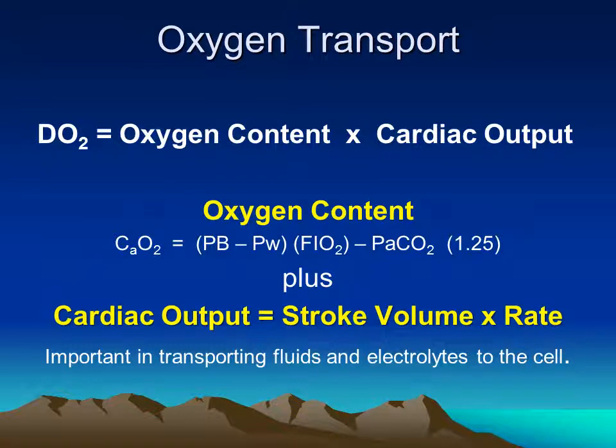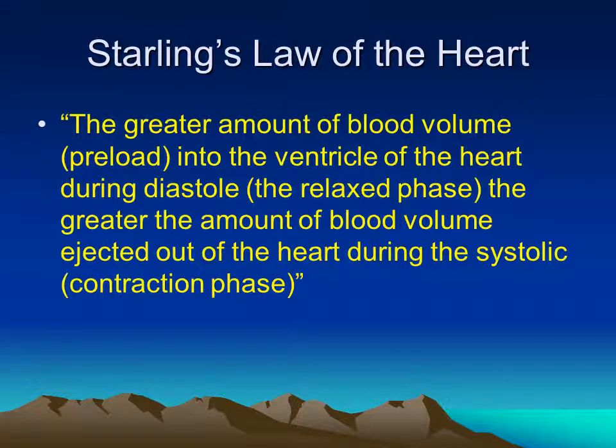If we rearrange the Fick equation, then that gives us the amount of oxygen that's delivered to the tissues. So the DO2, the amount of oxygen delivered, is content times cardiac output. So we talked about fluids in the vasculature.